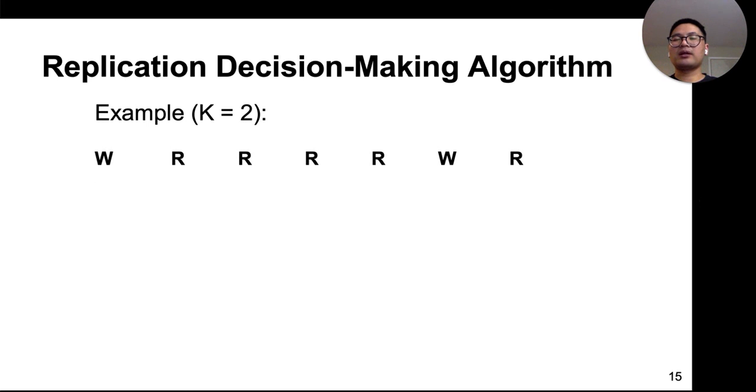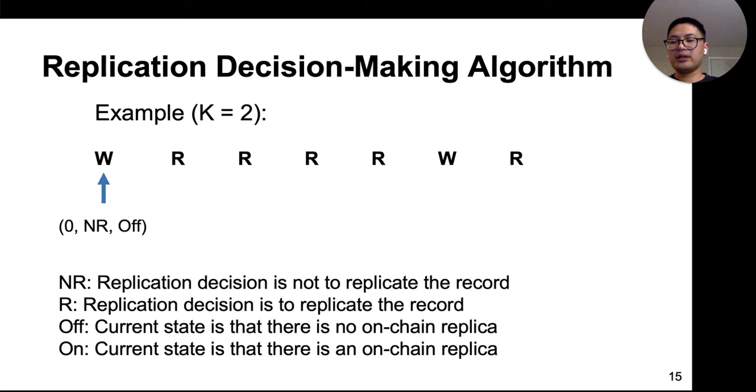Let's look at an example. K is set to be 2. In the tuple, 0 means the counter's value, NR means the decision is not to replicate, and off means there is no on-chain replica. For the first write, we don't replicate the data feed, and for the first read, we don't replicate it.